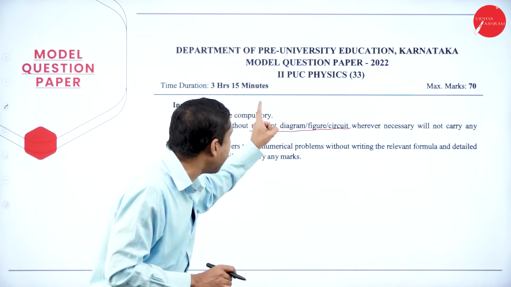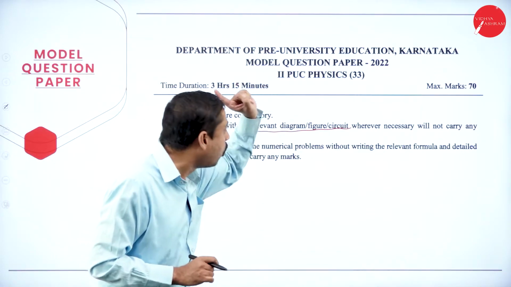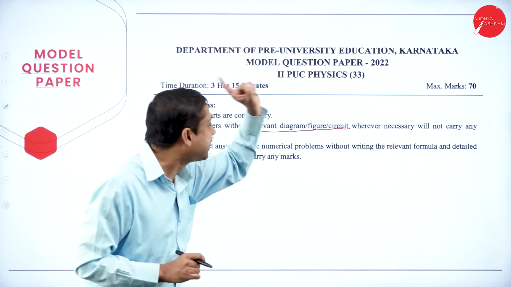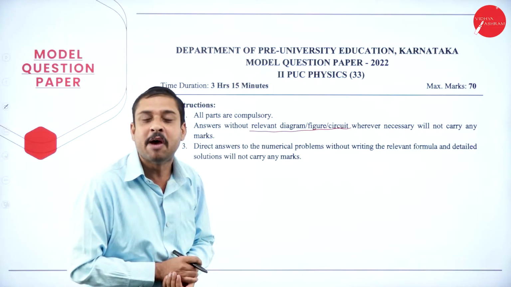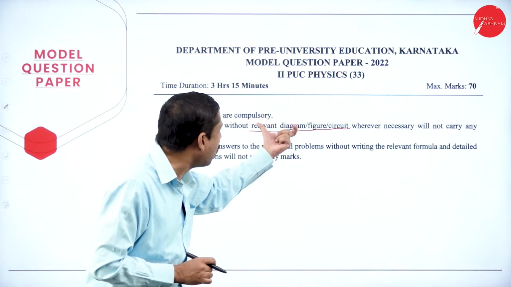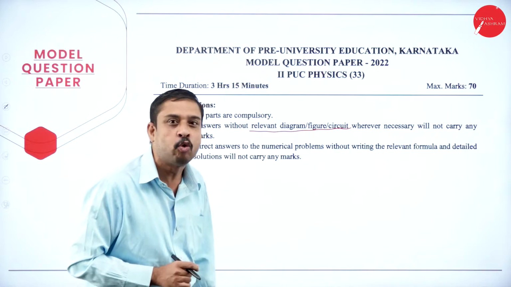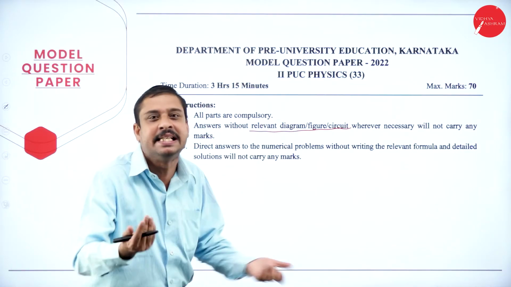If you answer without writing the diagram, without writing the figure, without establishing the circuit, no marks is awarded for such answers. Because without these diagrams, without the figure, without the circuit, it doesn't make any sense.